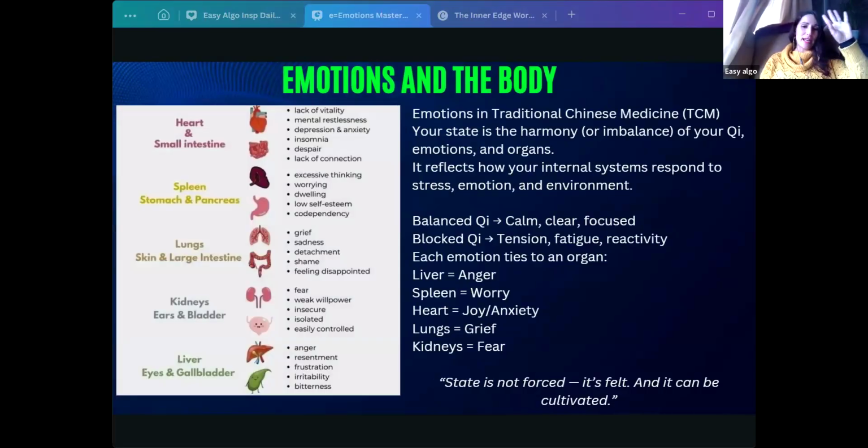I could do a whole webinar just on this one concept, but I thought I'd throw it in here a little bit. When we are not working with our emotions, that energy in motion can actually show up as physical symptoms in the body. Chinese medicine and Ayurvedic systems look at this and have 5,000 years worth of data backing this up. For some of us, we might feel more comfortable with certain emotions and then reject other emotions.